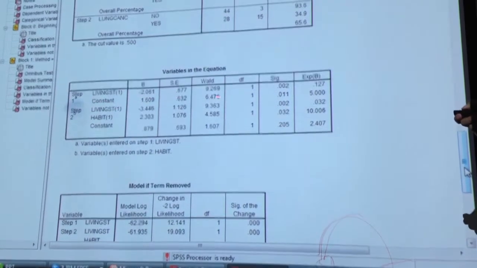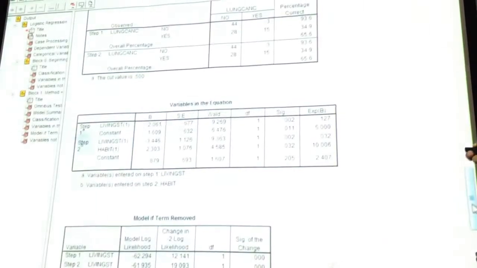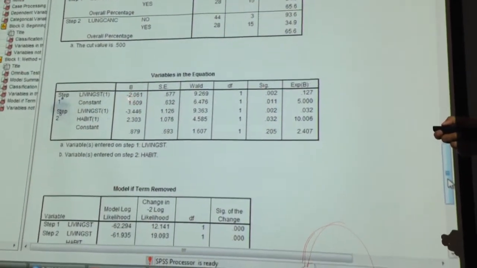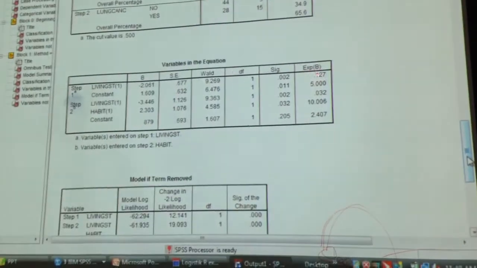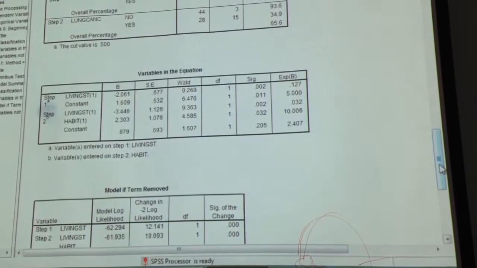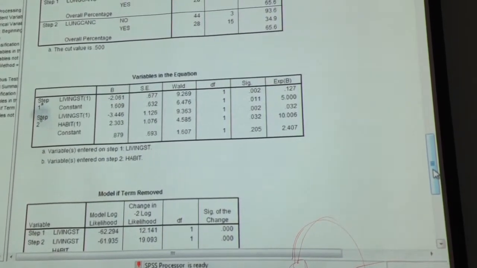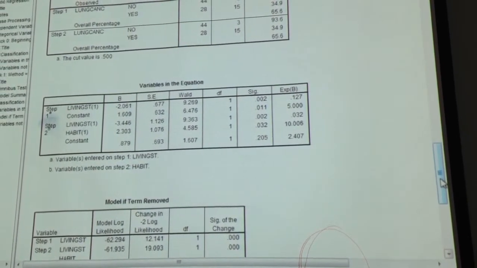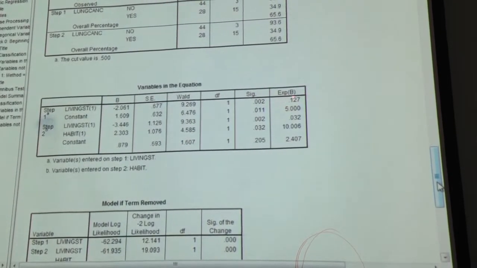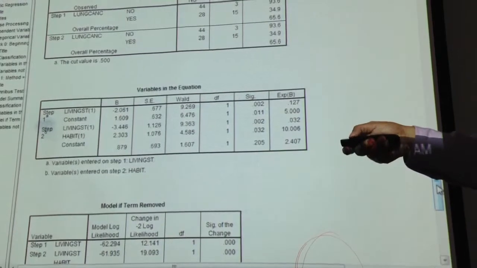For the first step, the variable that enters is living style. This is the chi-square value. This is the beta value, unstandardized beta value, and this is the odds ratio. Do you know what is odds ratio? Odds ratio is the percentage, just like the beta value.